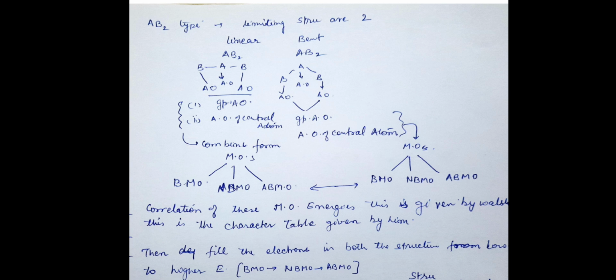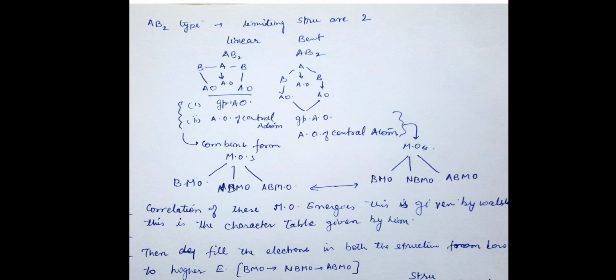These energies are given in a special type of diagram called the correlation diagram of molecular energies of different types of molecular orbitals. The correlation diagram of these molecular orbital energies is given by Walsh. This is the character table given by him. A complete correlation diagram where the energies are correlated, that is called the character table of Walsh.